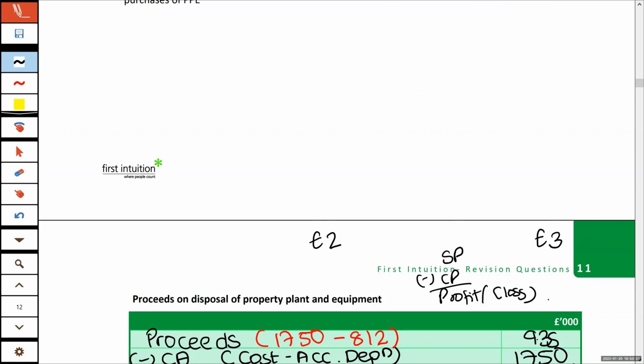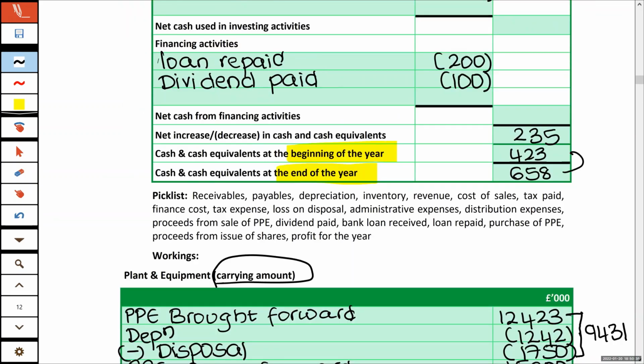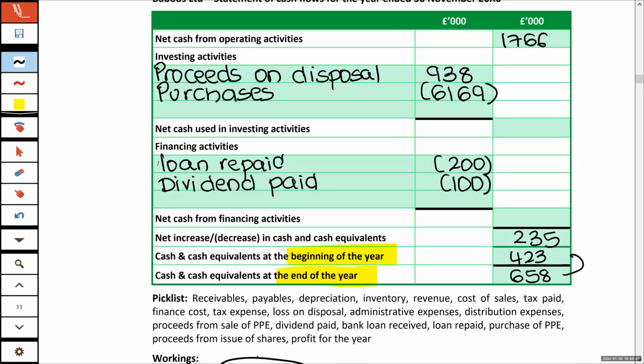Perfect. So that 4,000 is cash received. Remember, if you issue shares, shareholders are going to pay you money. Therefore, issue of shares is cash coming in. So now if I total them up, net cash used from investing activities comes to 5,231 negative, and net cash from financing comes to 3,700 positive.